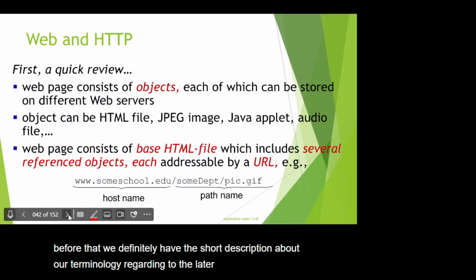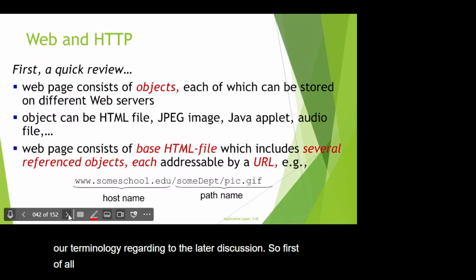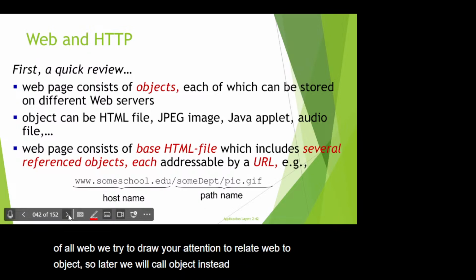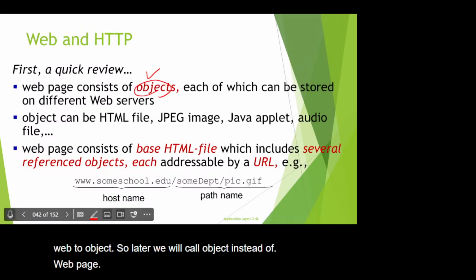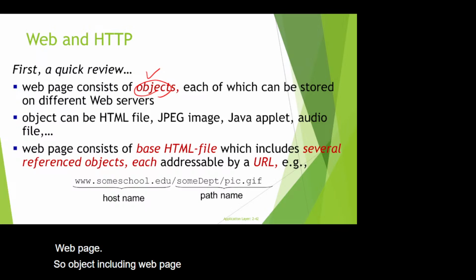So first of all, web. We try to draw your attention to relate web to object. So later we will call it object instead of web page. So object includes web page, and for example image and something else.